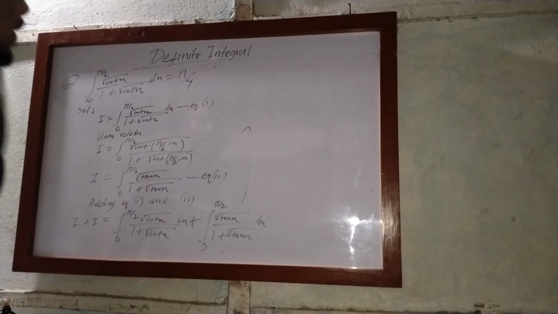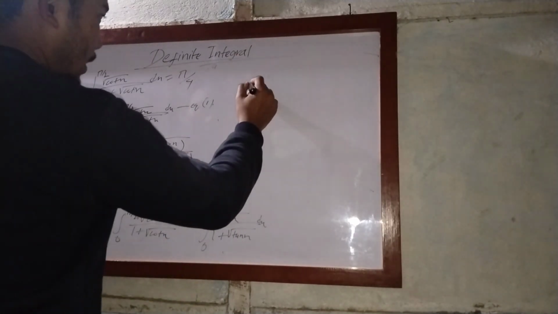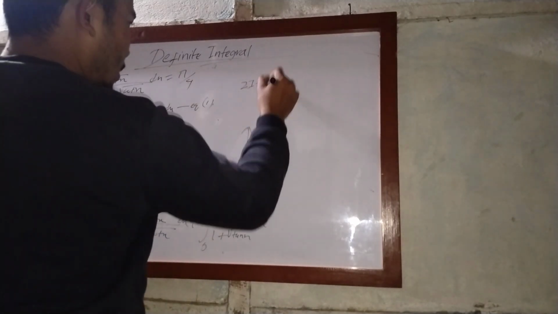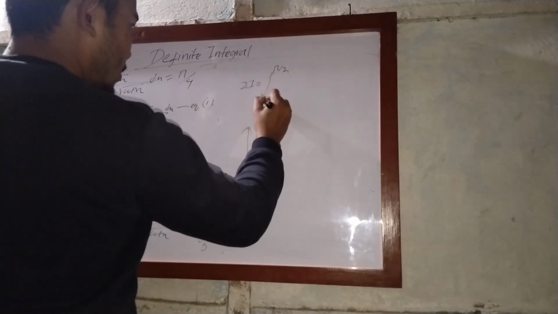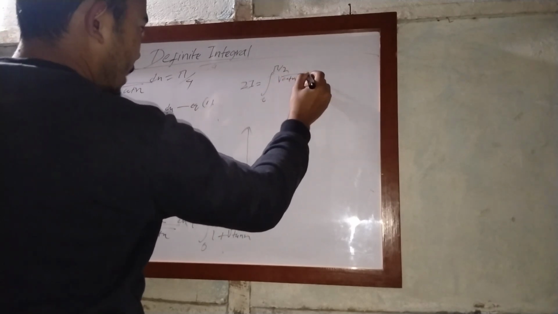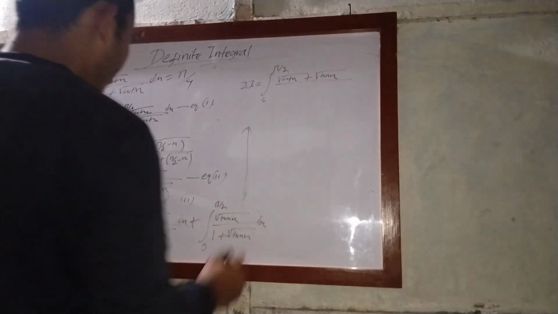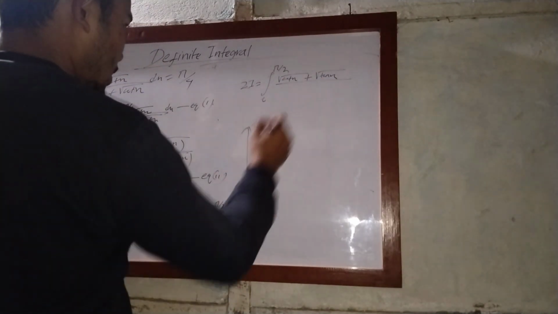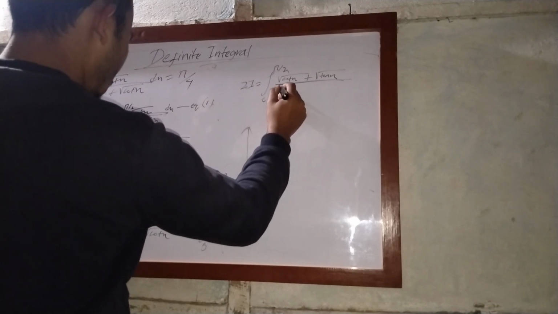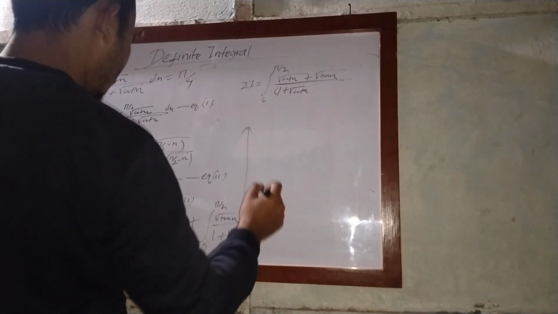Going to the upper side, 2I is equal to the integral from 0 to pi by 2 of root cot x plus root tan x divided by 1 plus root cot x.